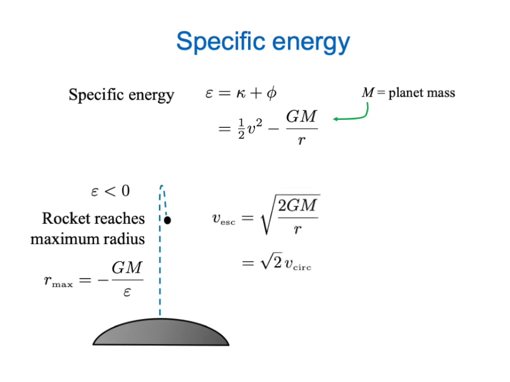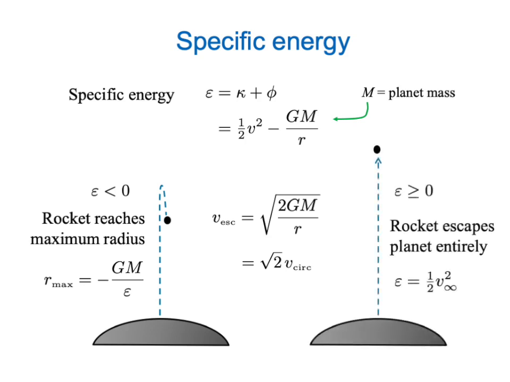But if the rocket is given a speed equal to the escape speed or greater, which is the square root of 2 times the circular speed, then it can actually escape the planet altogether. And then the total energy is positive, and when the rocket is a great distance away, the only energy it has is kinetic energy.